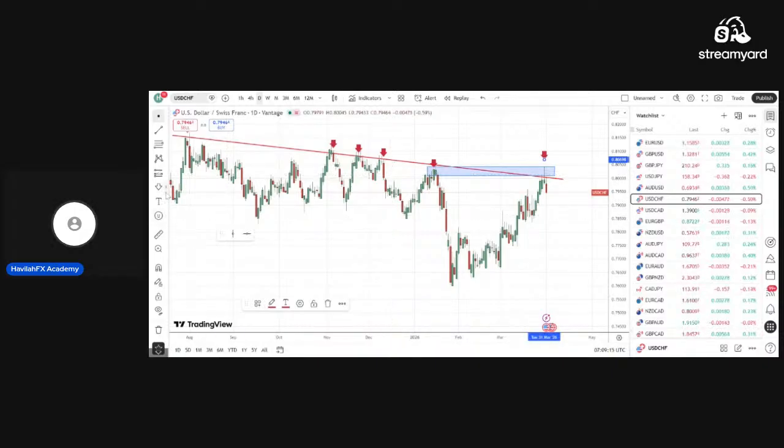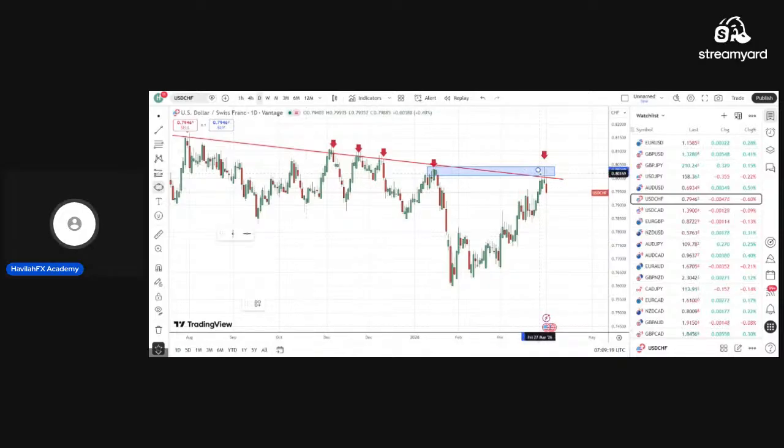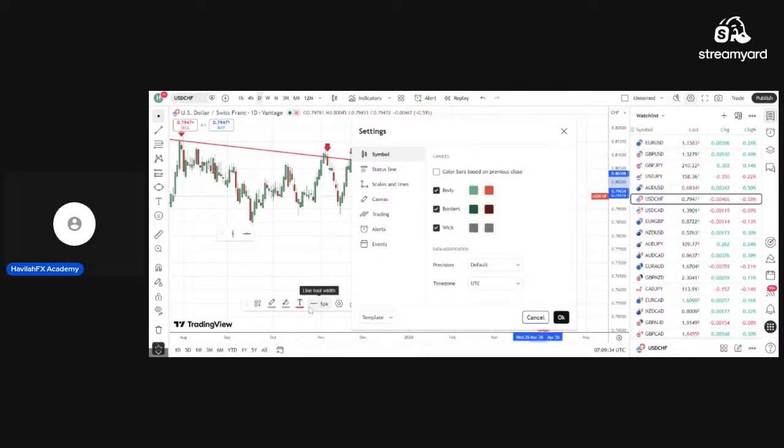So this region here now becomes the confluence where the trend line, the resistance and the rejection candle all met at that point. So we call it our confluence.